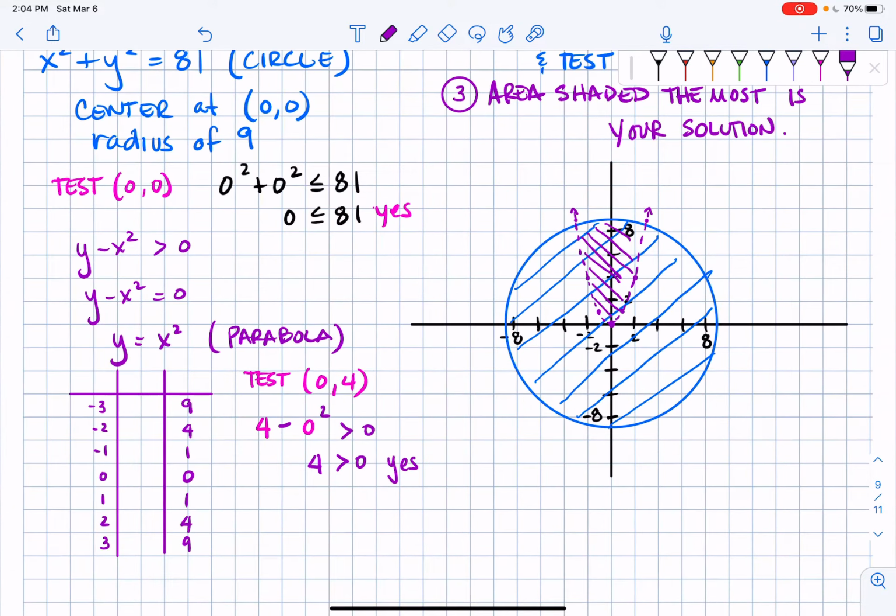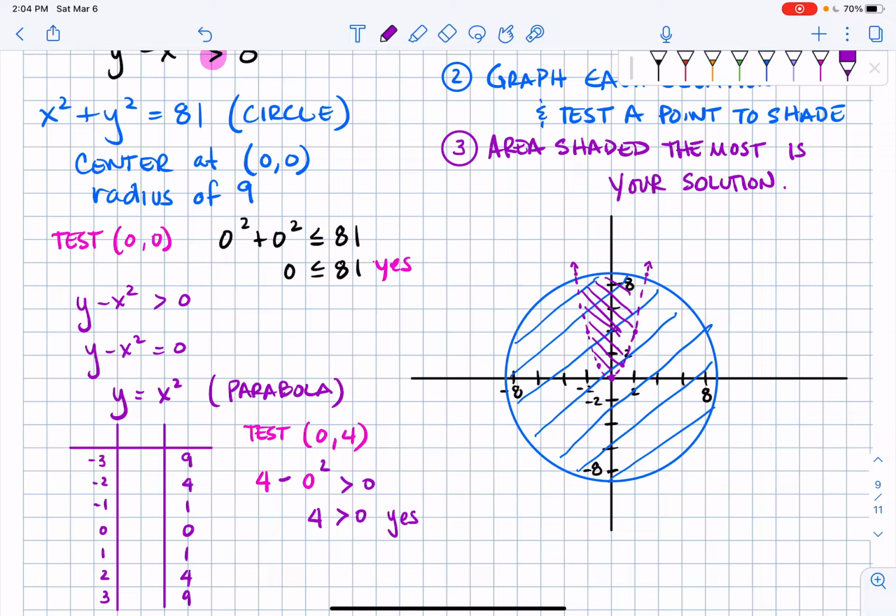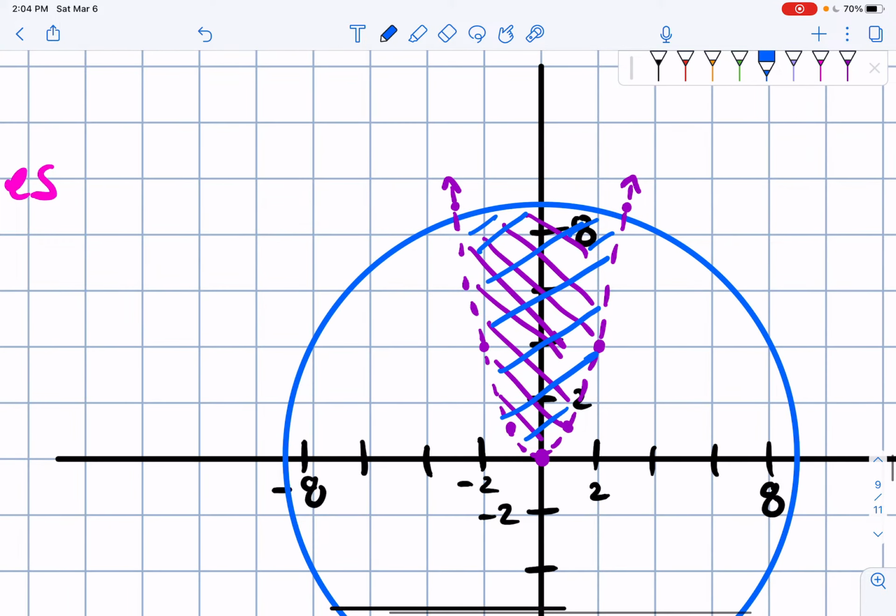So if you look at this, the area shaded the most is your solution. Okay? So with that being said, that means all of these right here are not my solutions. And what it actually is going to be is this area right in here, within that blue part and the purple part. That would be my solution.